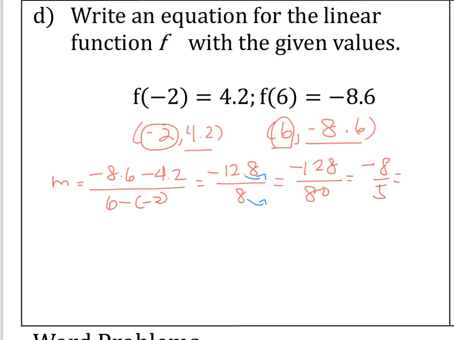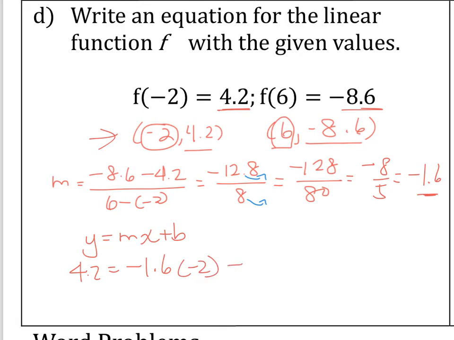And we can change it to decimal form, 1.6. The reason why I changed it to decimal form is that I have decimal numbers here. It will make it easier to calculate. So I'm going to use this point of 4.2 for y, slope negative 1.6, x, I'm going to put negative 2 plus b. And show all my steps, negative, negative, positive.